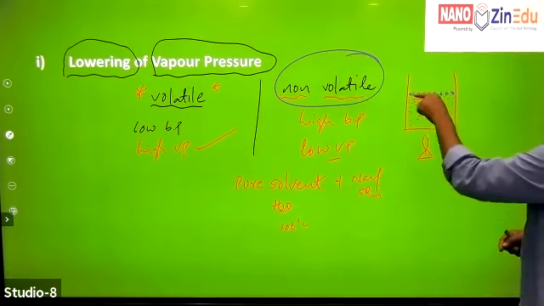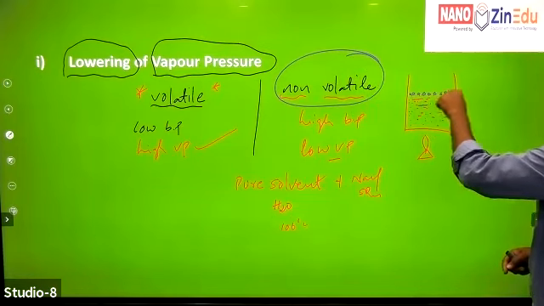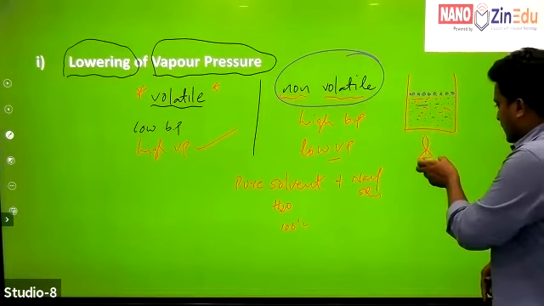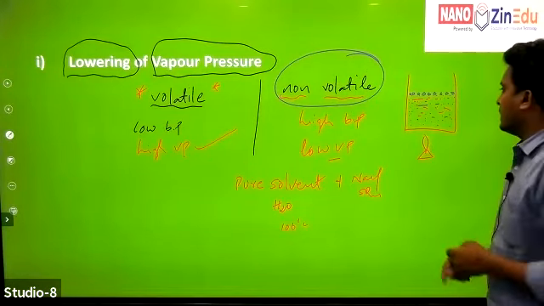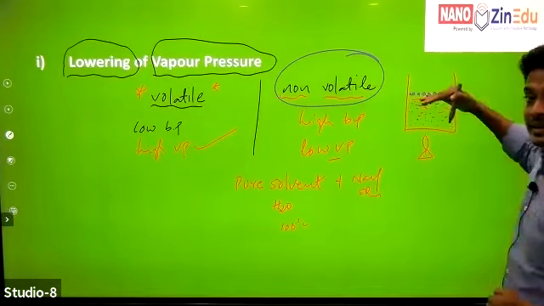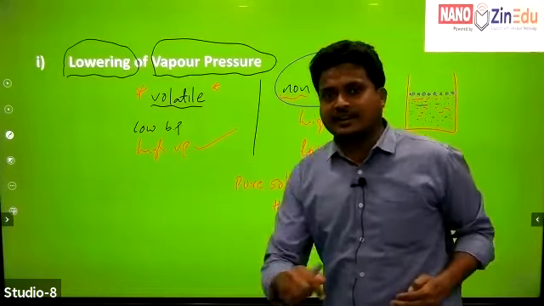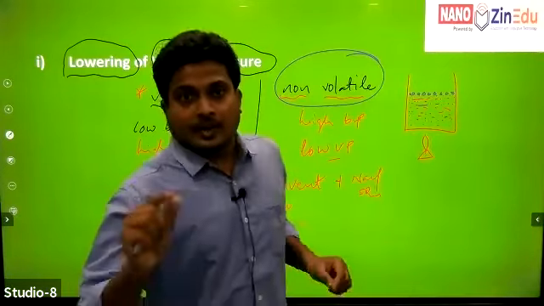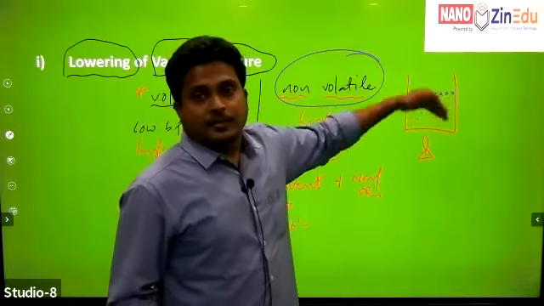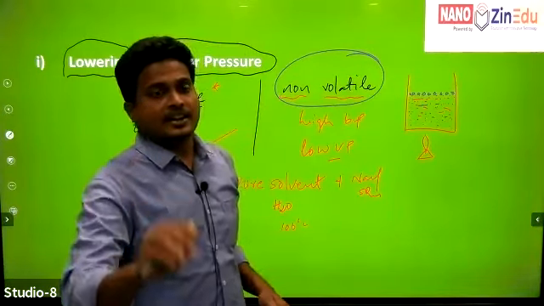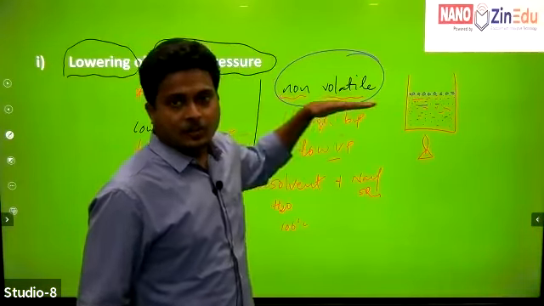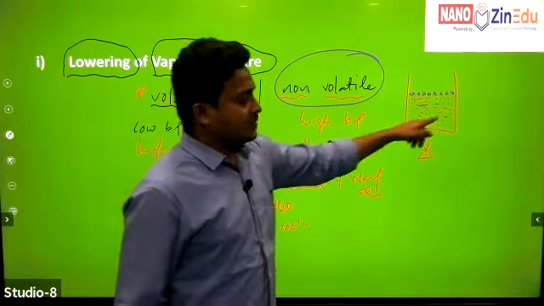Therefore, if we are heating, what are we observing? The number of solvent molecules which can be converted into vapor state decreases. It is due to the solute particles occupying the surface of the pure solvent.